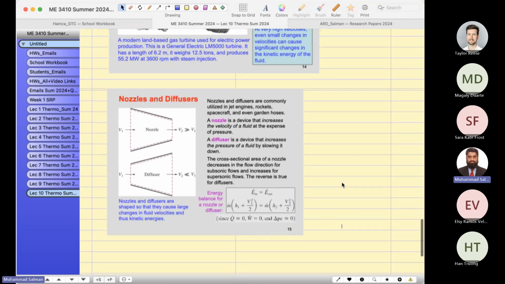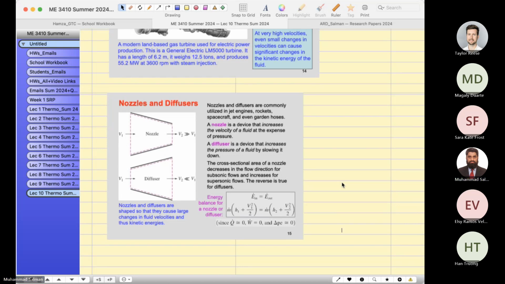So you see, if you apply the first law of thermodynamics for these devices, you get this result, which we already saw in example 4.